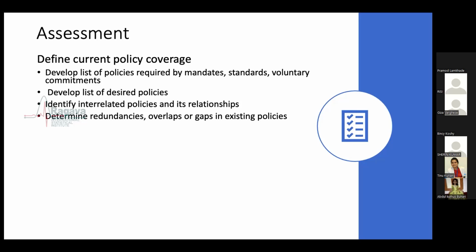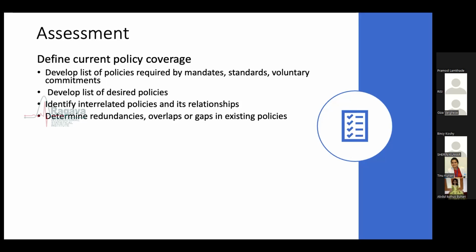First of all, you have to develop a list of policies required by mandates, standards, and voluntary commitments. This is an important step to be done. For example, you are going for an accreditation activity, and you have the standard sets in place, and you know what policies or procedures or SOPs or guidelines are required as per the standard sets.